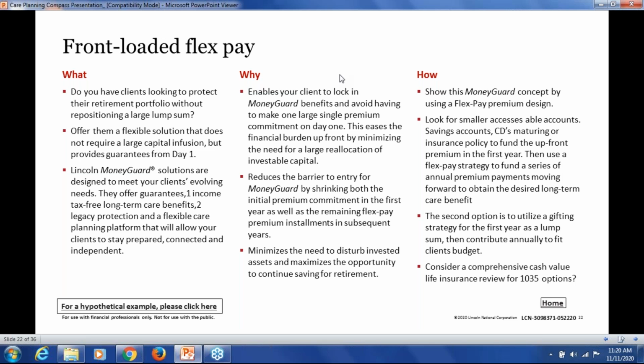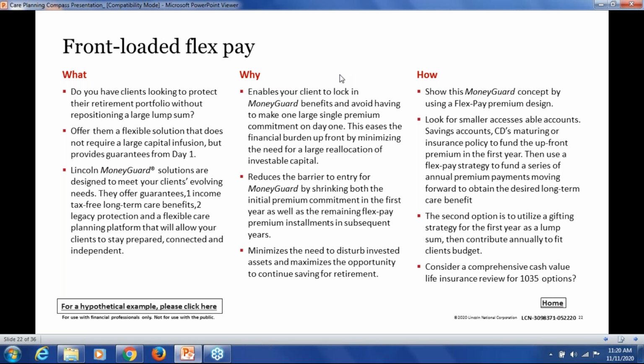And this works out very well for clients who maybe can't fund the single pay product all at once, but they've got money in a savings account, maybe a CD. Of course, we know those are earning almost 0% right now. Maybe the money's in a smaller policy that they've had forever.